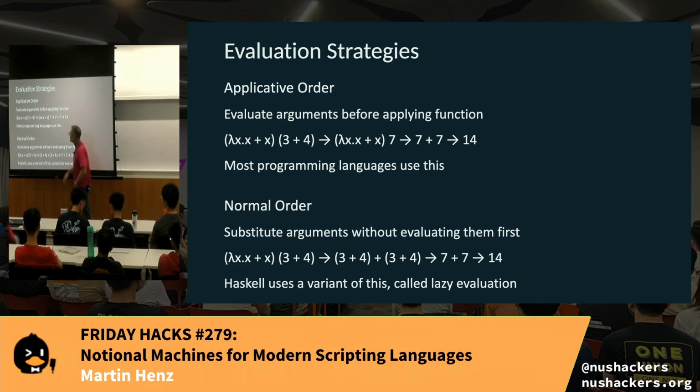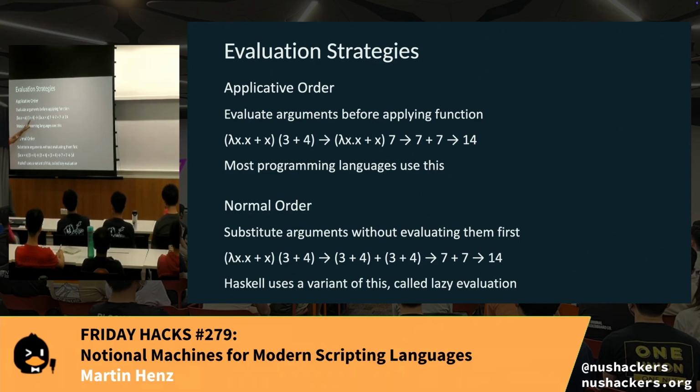A simple example to demonstrate the difference: you have a function that takes x as argument and returns x plus x. Now you apply that function to 3 plus 4. Of course, you want to compute 3 plus 4 before you do the application.